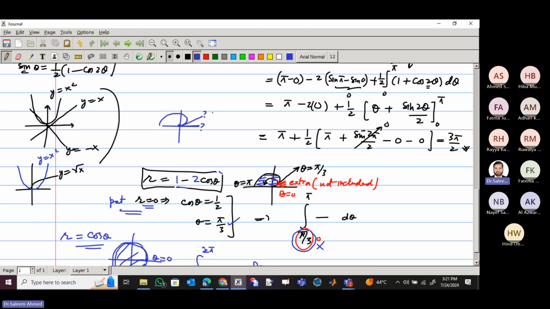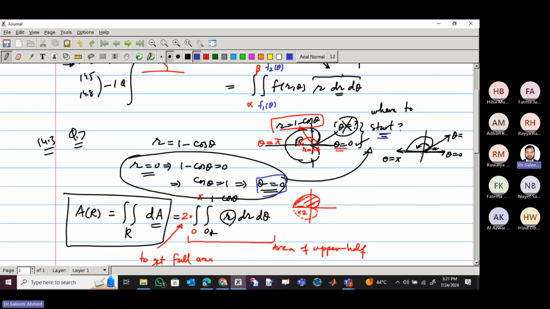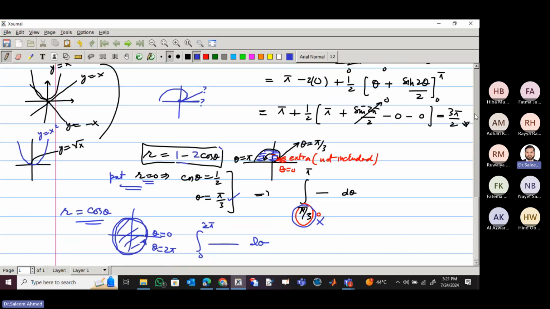Is it coming with the angle 0 or with angle pi by 3? So I gave you two examples where in one my curve is coming out along theta is equal to 0. But in the other example, my r is coming out of the origin, but not along 0. It is coming along theta is equal to 60-degree angle. Okay. So this is the issue only. Got it now?